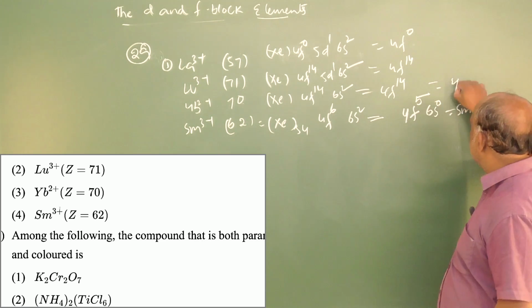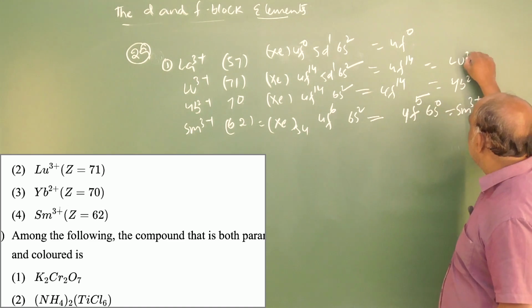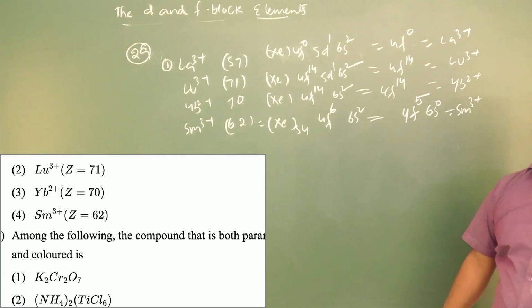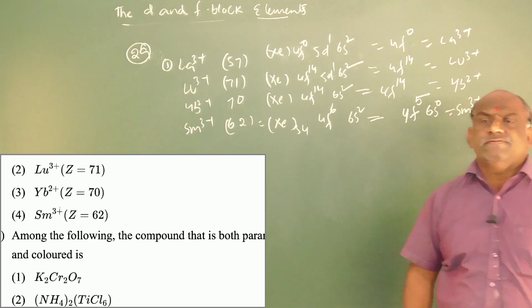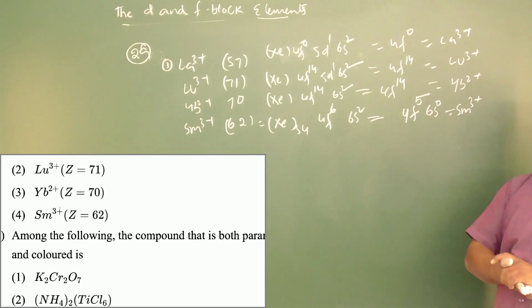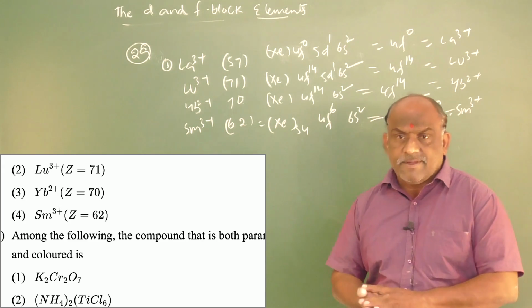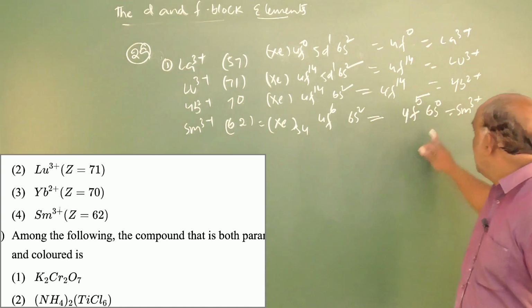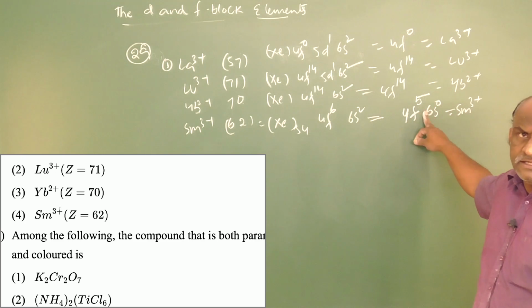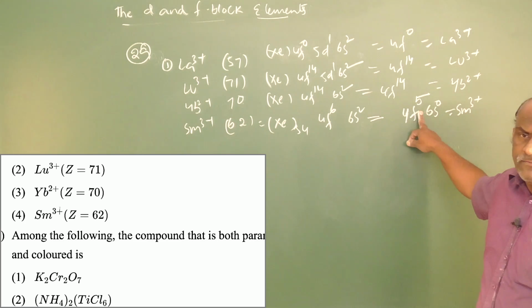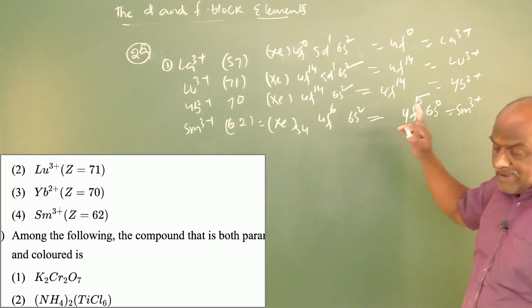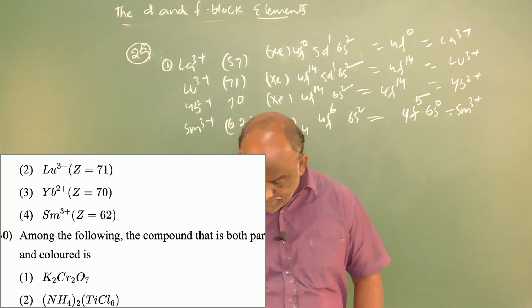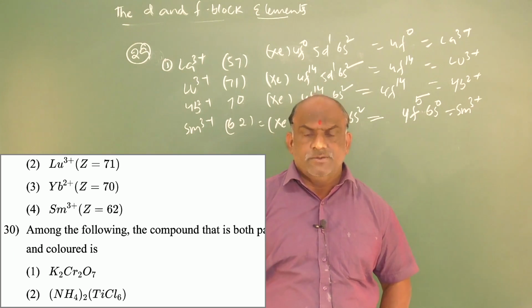Yb2+, Lu3+ and La3+ are stable electronic configurations. F0 and F14 configurations do not exhibit a magnetic property; they are diamagnetic, except samarium 3+. Samarium 3+ is paramagnetic due to the presence of unpaired F electrons. So the fourth option is the right answer for question number 29.